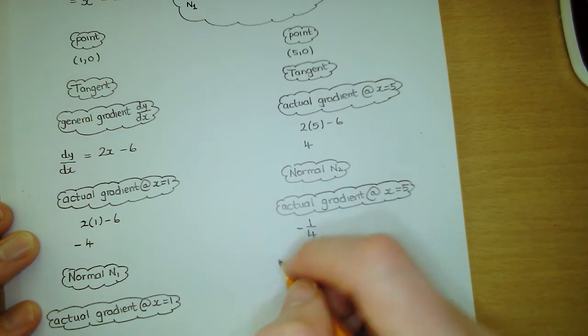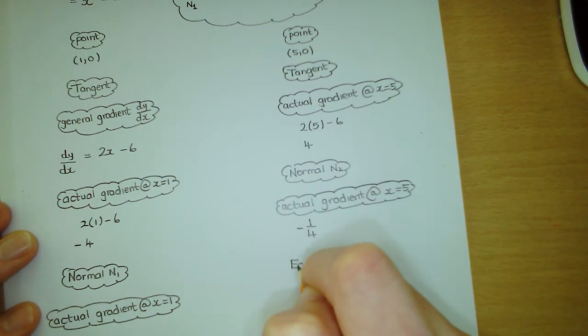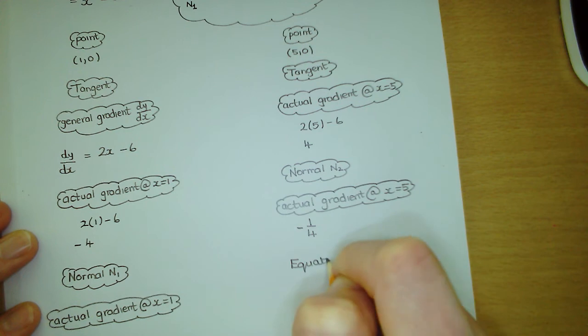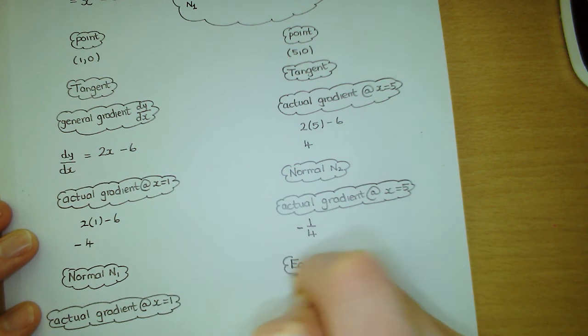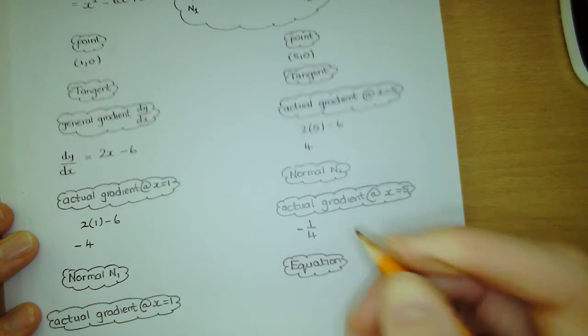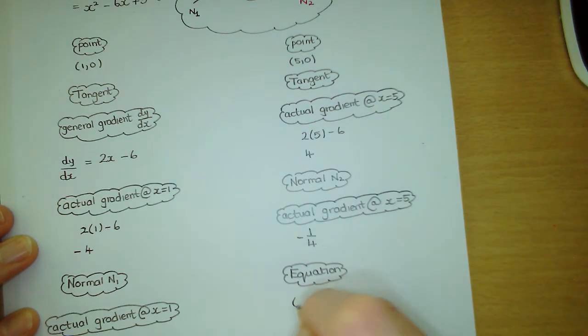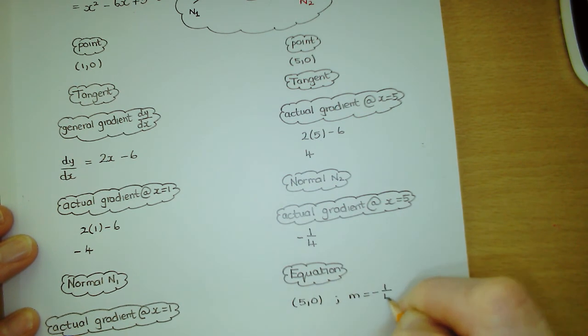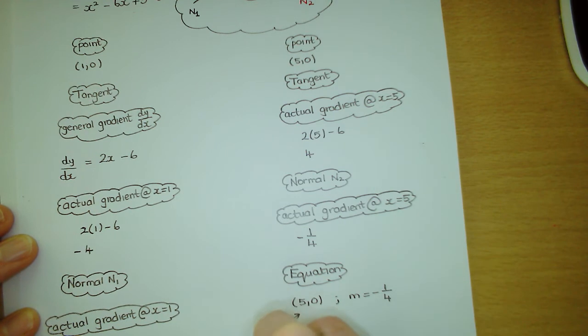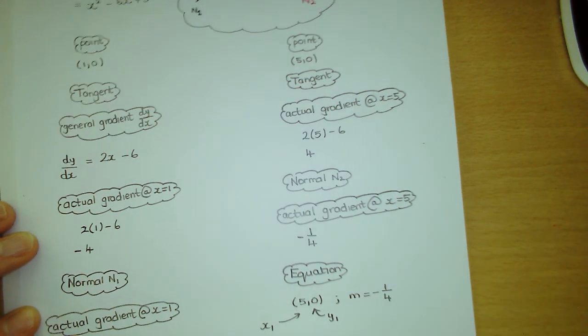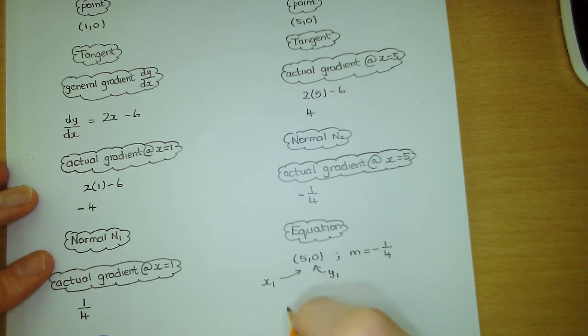So now we're going to get the equation of normal 2. So we know that it goes through the point 5, 0. We also know its gradient. We label our point x1, y1. And then we put all the information into the equation of a straight line.